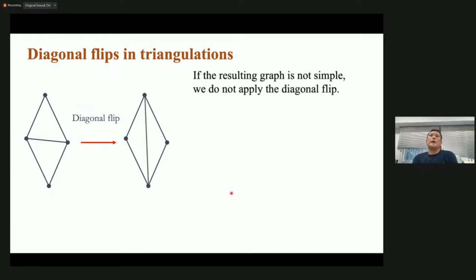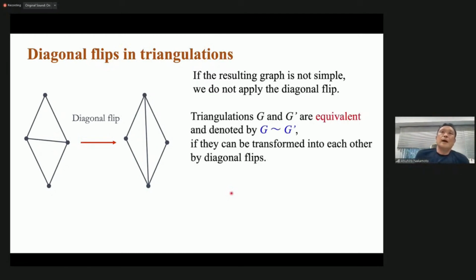But if the resulting graph is not simple, we don't apply this operation. This means we would like to keep the graph simple always. And triangulations G and G prime are said to be equivalent, denoted by this symbol, if they can be transformed into each other by diagonal flips.